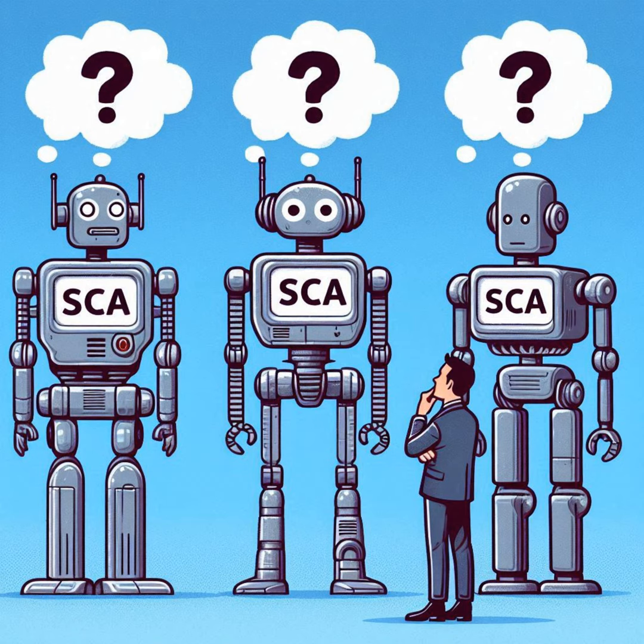The best tools don't just skim the surface, they deep dive, uncovering those sneaky transitive dependencies that like to play hide and seek. And please, stay clear of tools that rely solely on public databases. That's like trying to win a Formula One race with a horse and buggy.